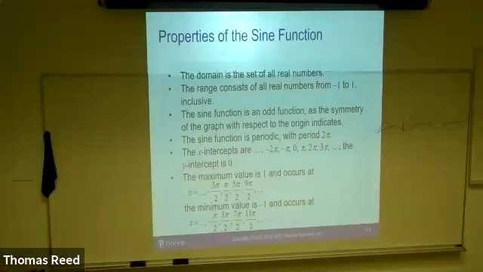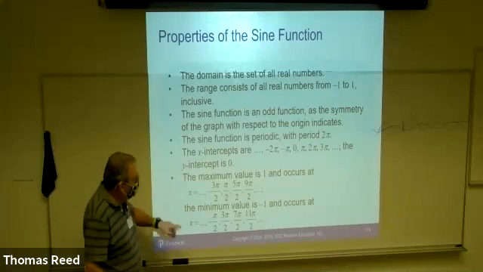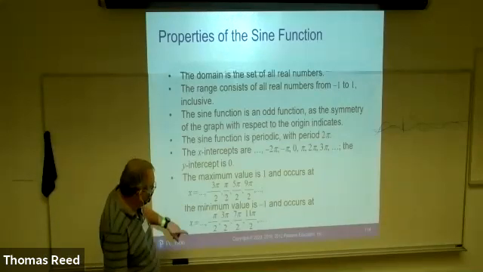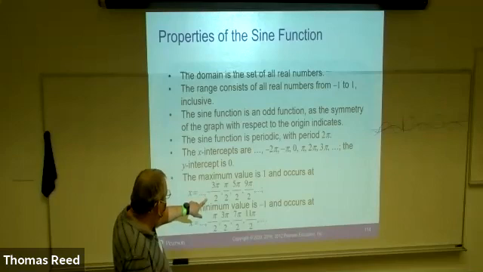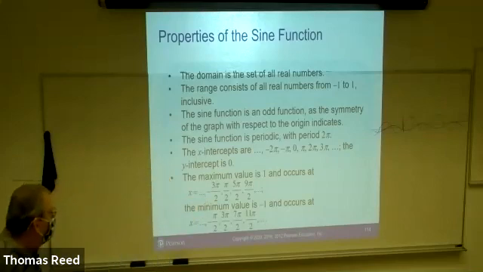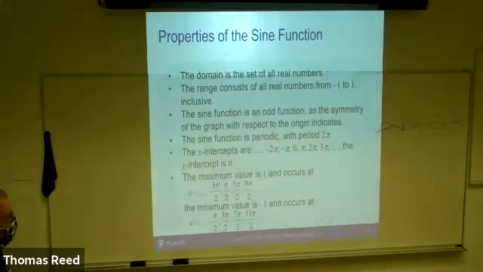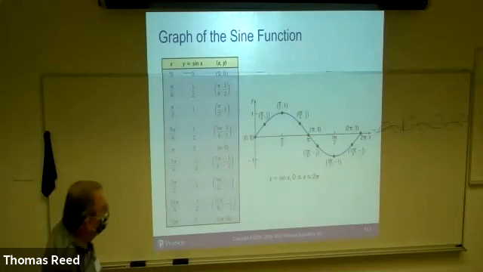A minimum value occurs at those values. And please notice, are they 1 pi units or 2 pi units apart? Plus pi. No, plus 2 pi. They're 2 pi apart. A period. So I'm going to go back to the picture.